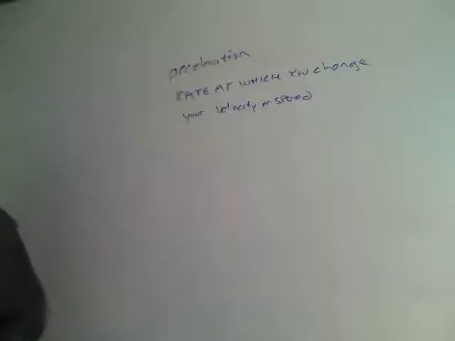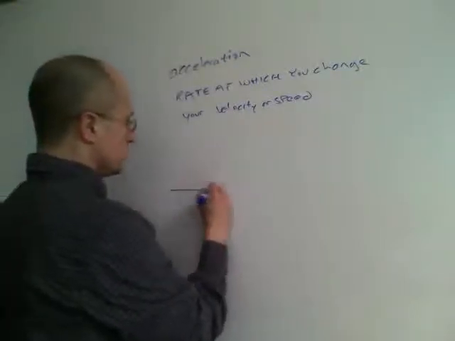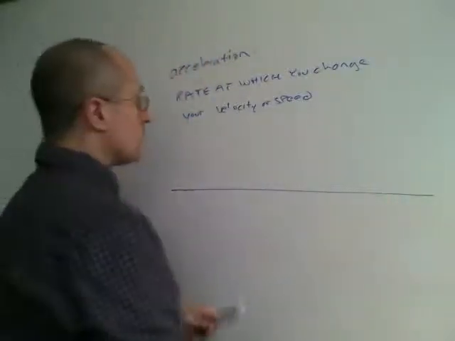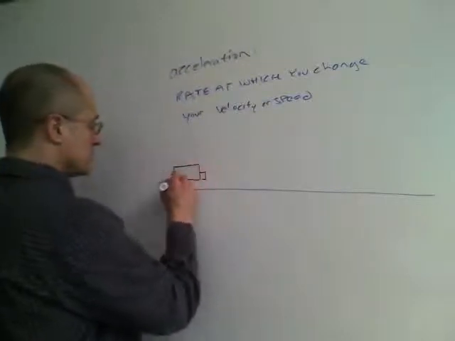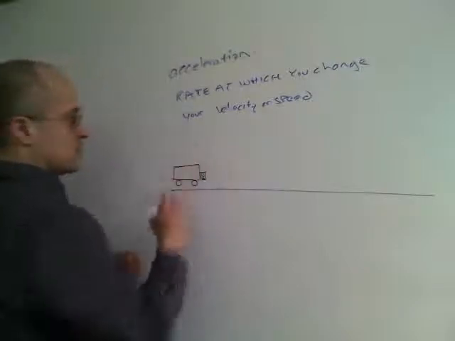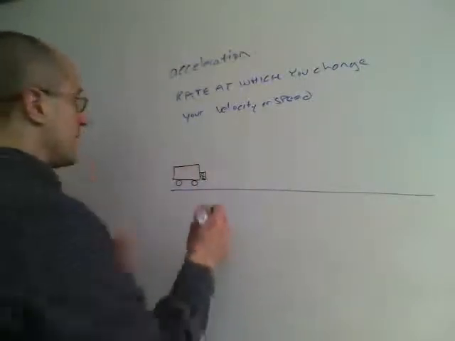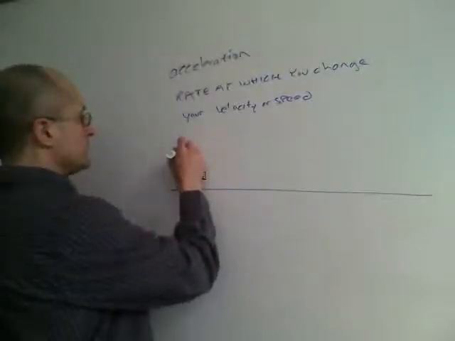So let's take a look at this. If you're on the road driving along in your trusty car, in this case it's always a truck that can draw squares, you have some speed.